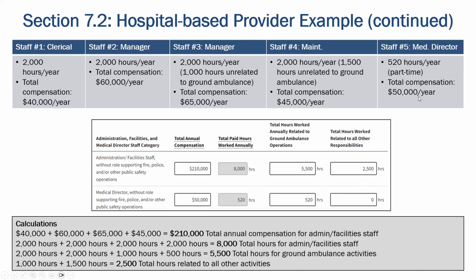For the medical director, it's 520 hours a year. Total compensation is 50,000. And the medical director does work somewhere else, but not at the hospital that runs the ground ambulance organization. So the total hours worked and the amount here in terms of total compensation is just the compensation for work at that organization.